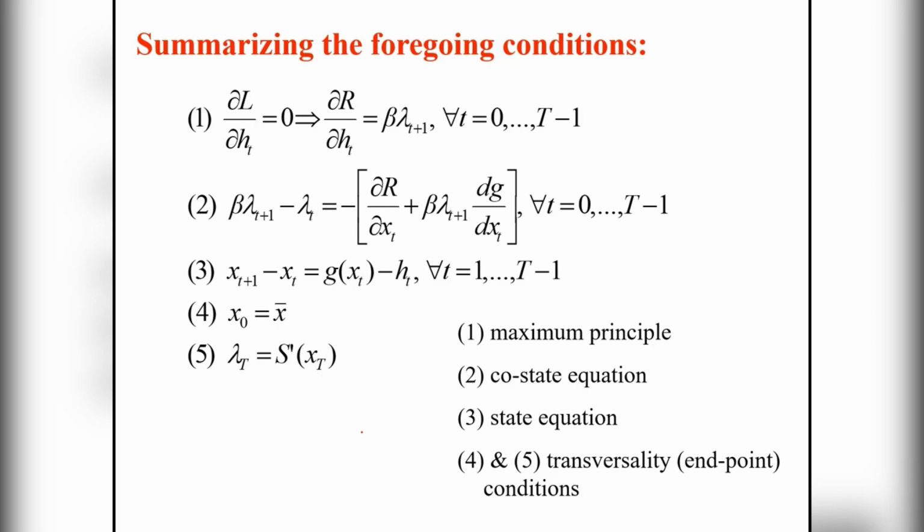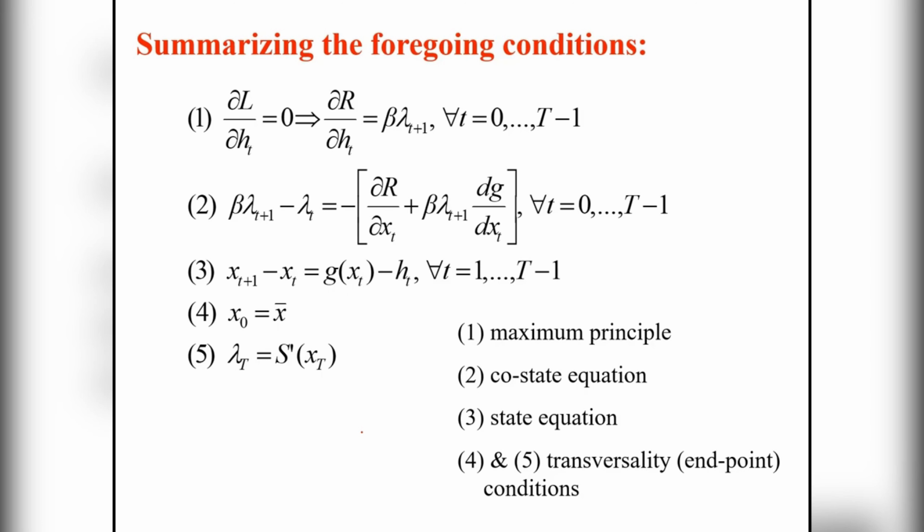We can rearrange the second set of equations to beta lambda t plus 1 minus lambda t, and we get that negative with the expression in square brackets, and I won't try to explain that, but it's some kind of arbitrage condition. And the third condition that we have is the constraints again, the growth function essentially. That says that the change from one year to the next is equal to growth minus harvest.